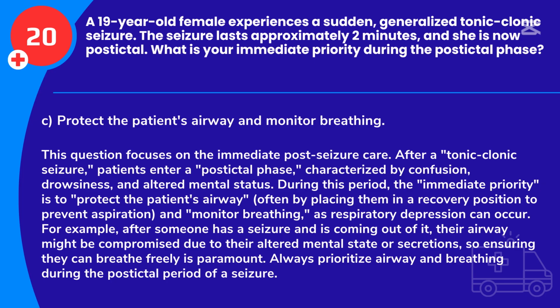During this period, the immediate priority is to protect the patient's airway, often by placing them in a recovery position to prevent aspiration, and monitor breathing, as respiratory depression can occur. For example, after someone has a seizure and is coming out of it, their airway might be compromised due to their altered mental state or secretions, so ensuring they can breathe freely is paramount. Always prioritize airway and breathing during the postictal period of a seizure.